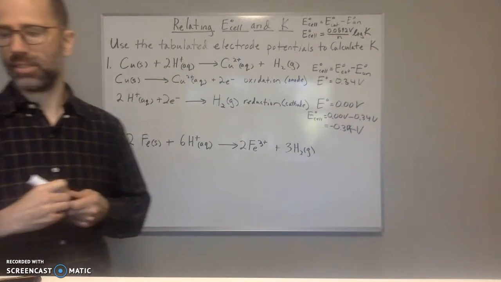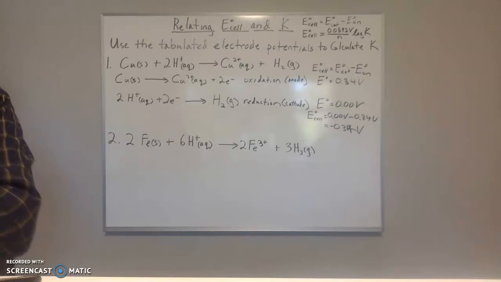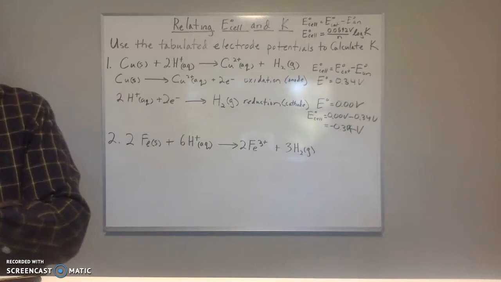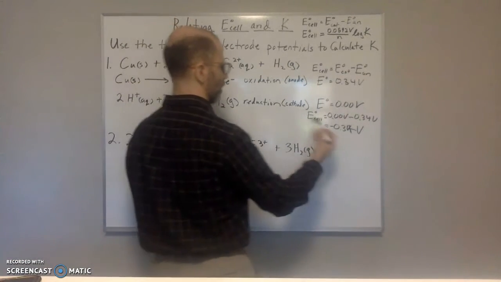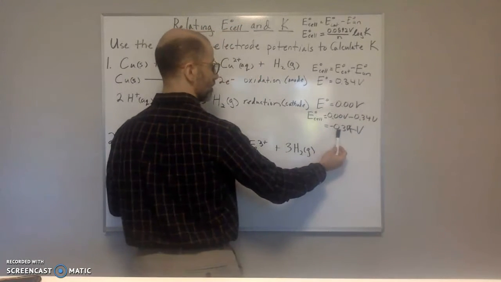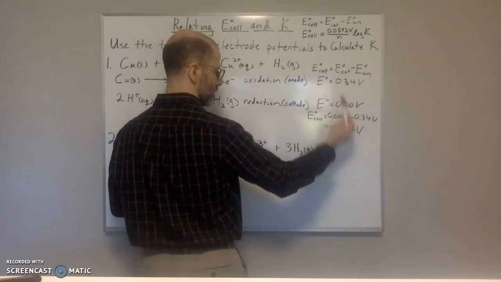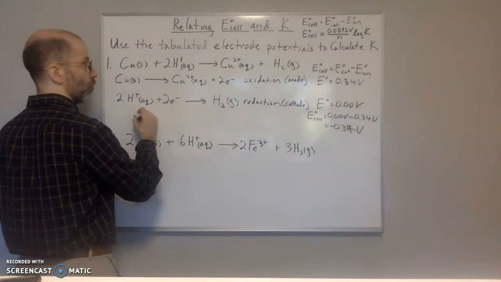So that is the electrochemical potential of the cell. So now that we have the standard electrochemical potential of the cell, we can plug it into this equation here and solve for K.